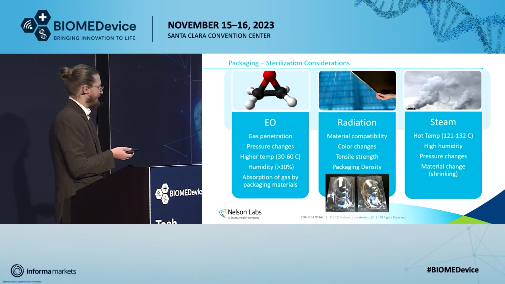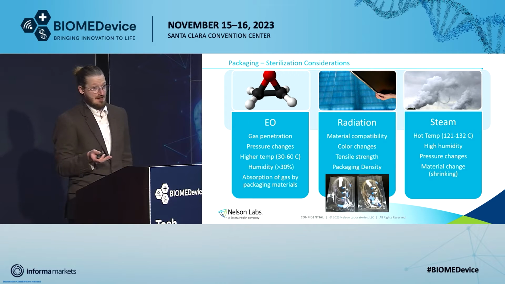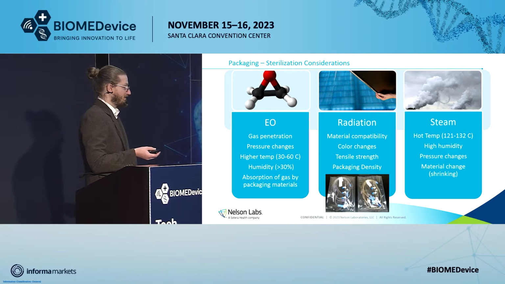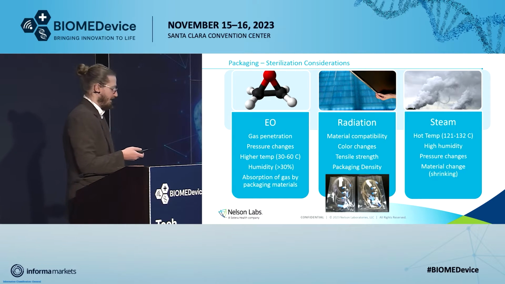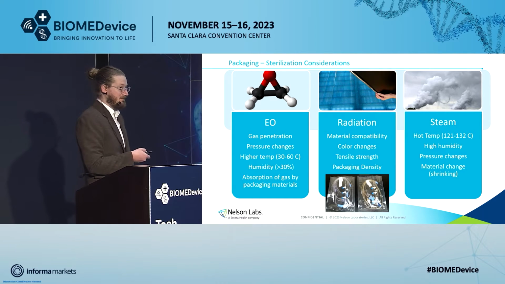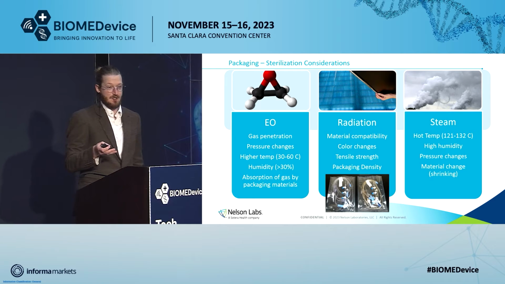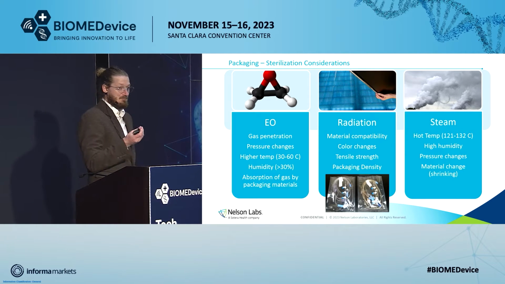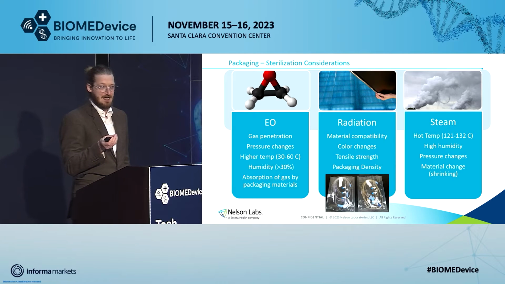Also, EO residuals is something that we have to consider, right? So if your packaging material holds on to that EO, it's likely not going to be very suitable for that sterilization method. Radiation is also something you have to keep in mind when you're determining the materials that you're using. We find that with lots of plastics, they become brittle after a radiation cycle, right?